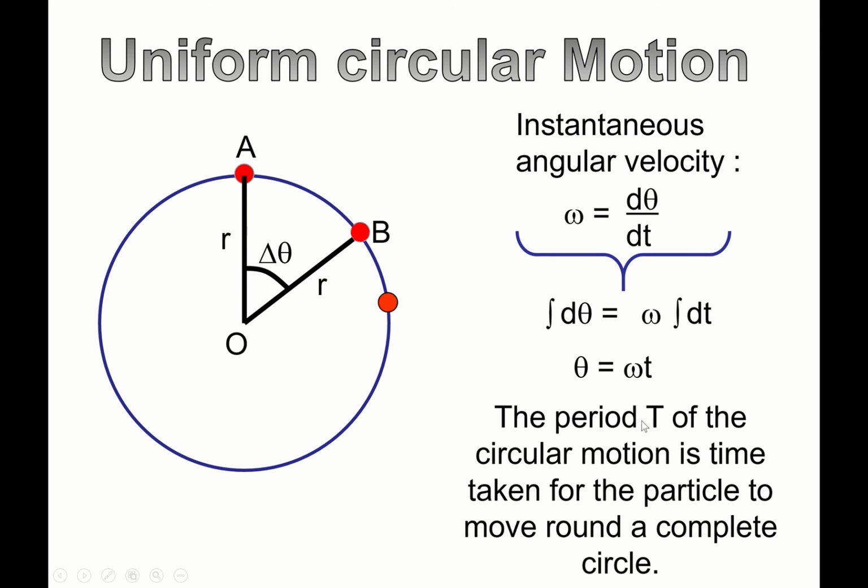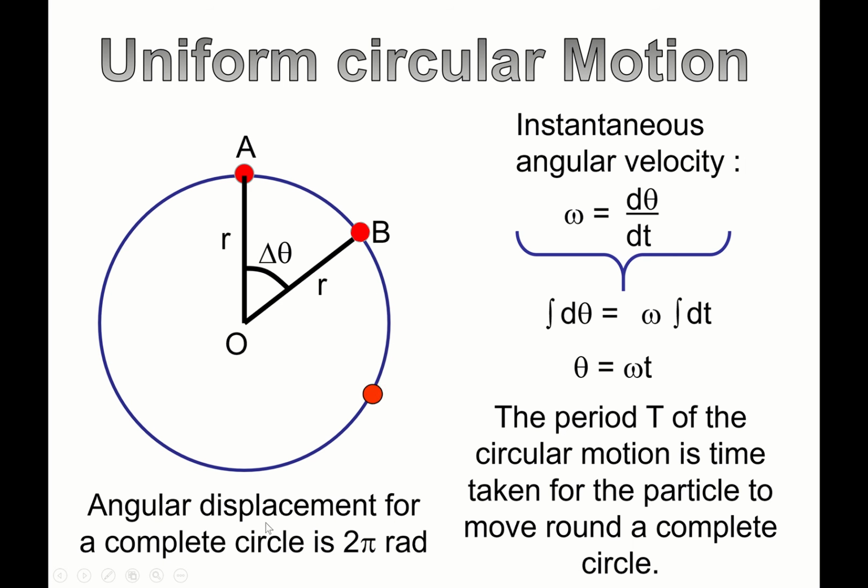The period T of the circular motion is the time taken for the particle to move round a complete circle. So the time taken for one complete circle is given by period T. Angular displacement for a complete circle is 2 pi radian.